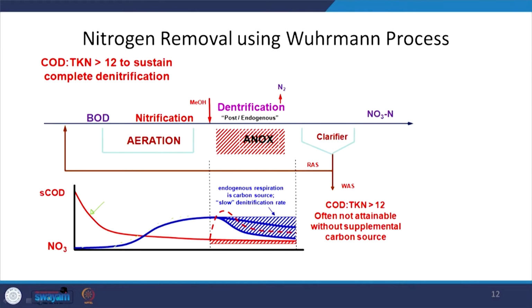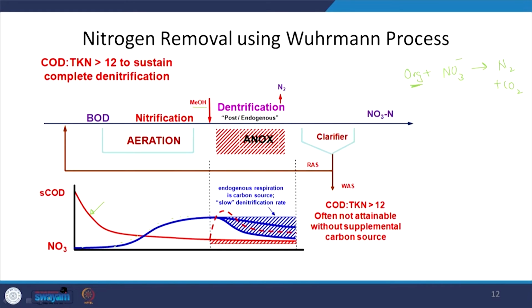So, here after aeration there are two cases. If there is not enough organic matter, because I now have NO3- I want that to go to N2, but I do not have an electron donor. So, I need to have some organic compound, right. So, if the organic compound is not already present in the water, I have to add it.